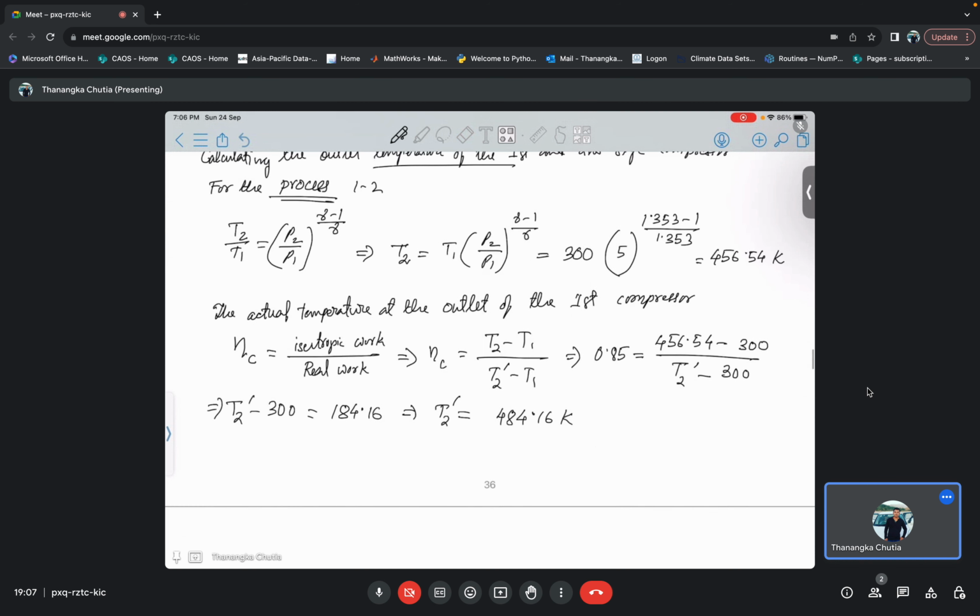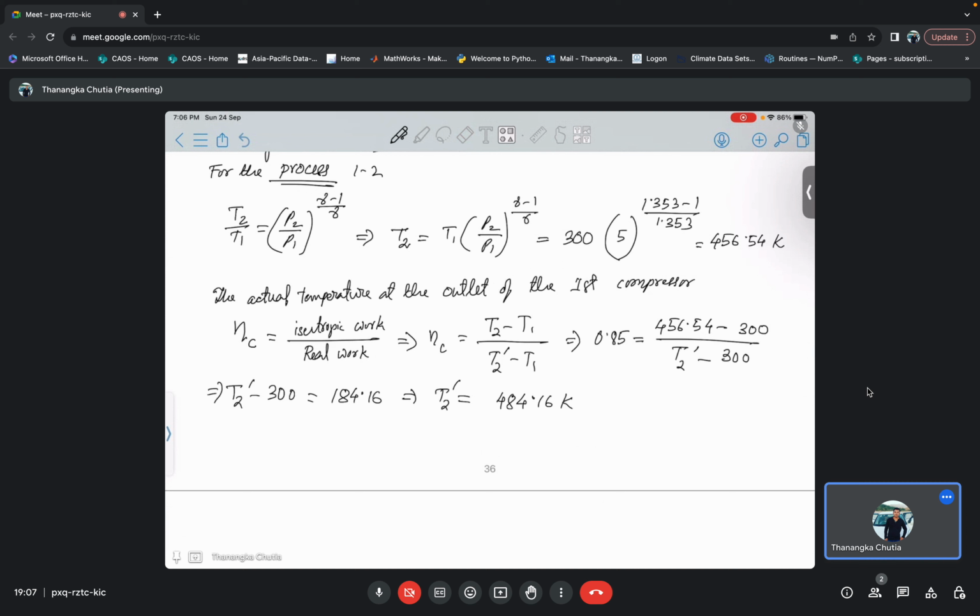Next is what? For the process 3 to 4, T4 by T3 is equal to P4 by P3 to the power gamma minus 1 divided by gamma.